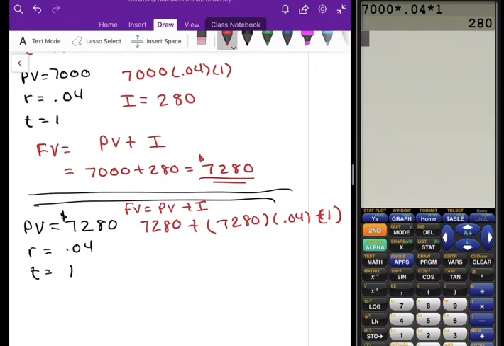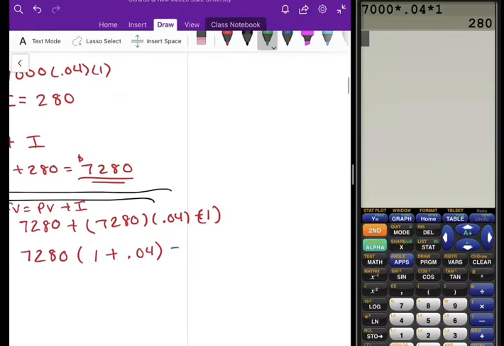Okay. So I can factor this, and I have 7,280 times 1 plus 0.04. Which, if you recall, is just the other formula for future value.